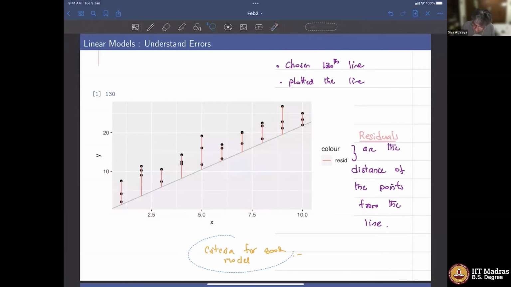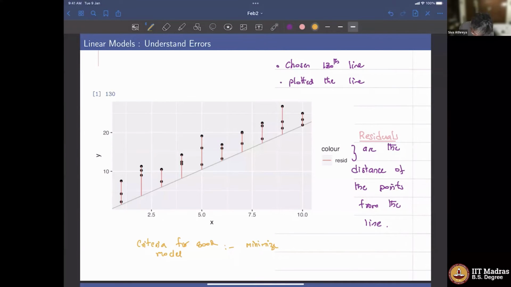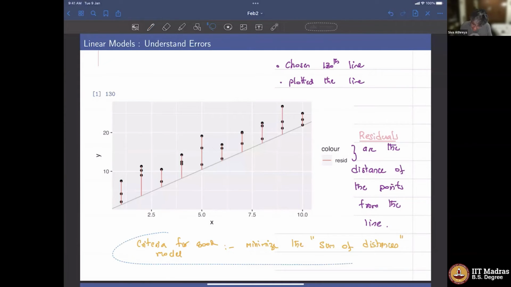Some people might say the sum of distances. But this is prone to cancellation. You might get a sum of 0, but there may be large negative and large positive distances. So you may not want to do that. Someone will come and say, don't do this.